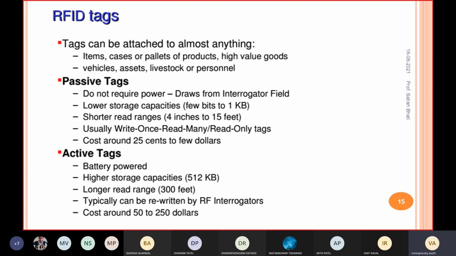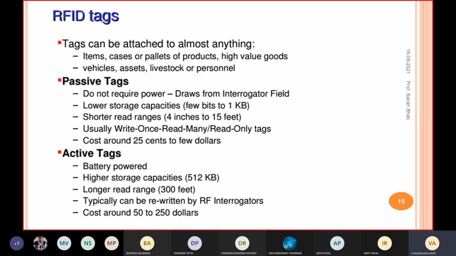Once you write the data, it will not change. You just read it. So that's why it's called a read only tag. And the cost of these passive tags is less compared to the active tags, right? It is around a few dollars.